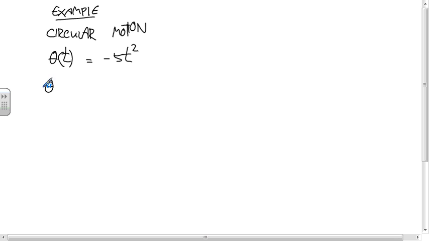Then theta dot, which is going to be omega, is negative 10t.